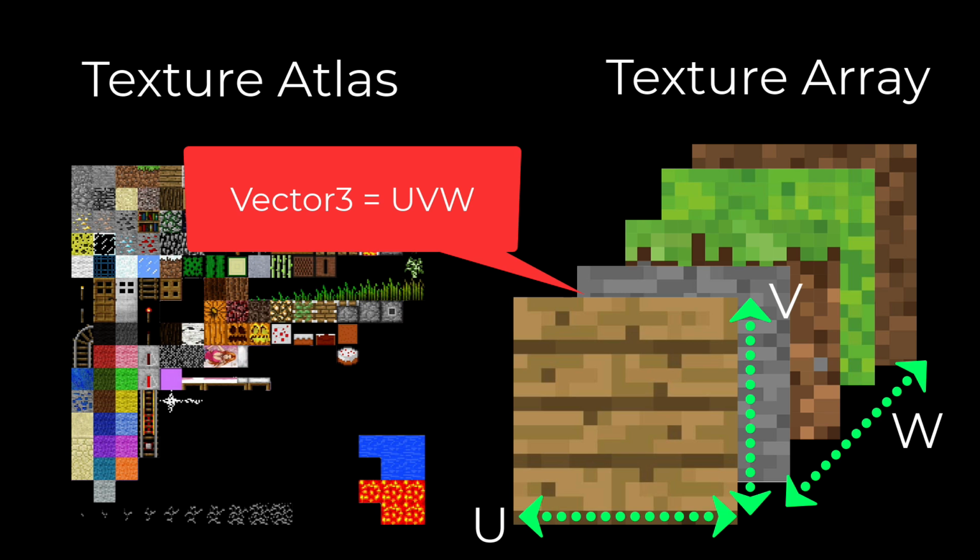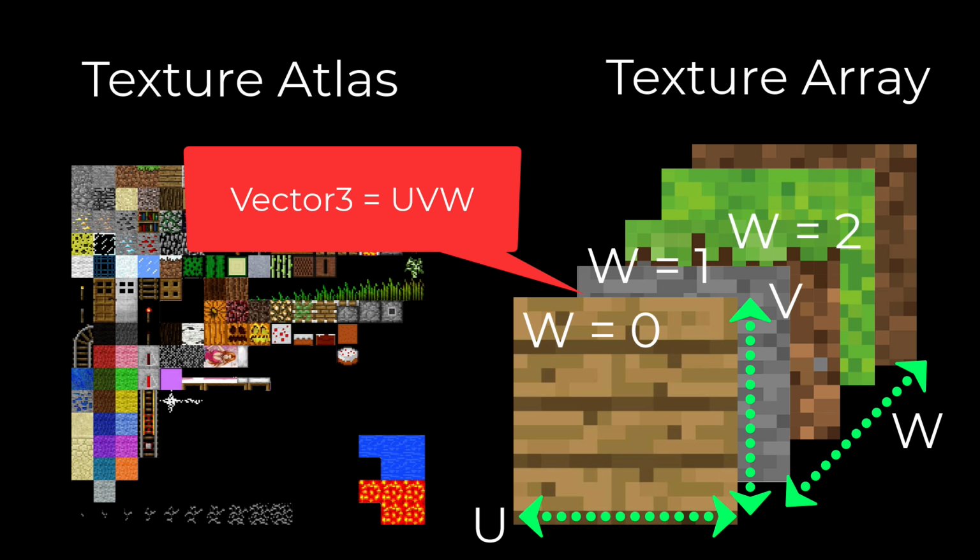Now, the important thing here is that each single image in the texture array has to be the same size, which means that your UV values are constant throughout. And all you need to change is the W value, which is your depth into that texture array. So the image right at the front is going to be an index of 0, then the one behind that will be 1, and then the one behind that will be 2.